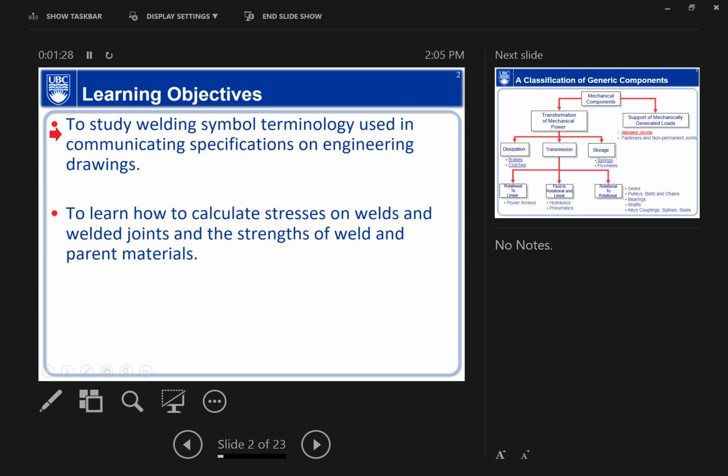The most important part of this objective is to learn how to calculate stress on welds and welded joints, and also the strength of the weld, based on the strength of the welds and the pairing materials. So that's what we typically do. We have to analyze the safety of these machine elements, in this case, welded joints.